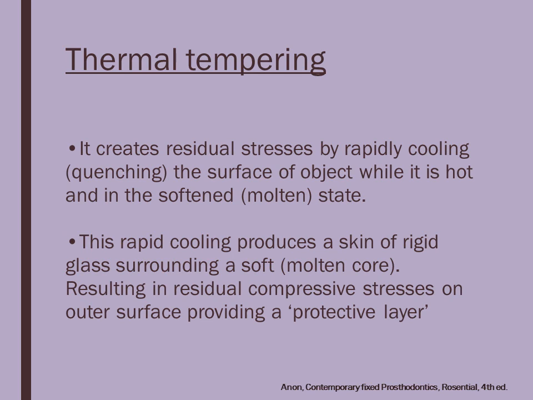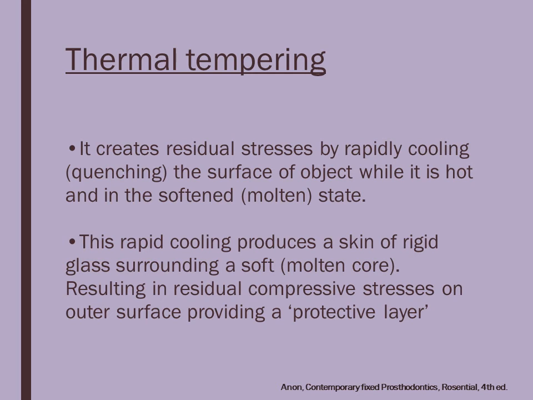Now thermal tempering, as mentioned in the previous slide, this is a type of toughening mechanism. So what we do is that we basically carry out rapid cooling or quenching of the ceramic while it is hot and in the softened molten state. What this does is that it creates residual compressive stresses. The rapid cooling produces a skin of rigid glass surrounding a soft inner molten core, resulting in residual compressive stresses on the outer surface, providing a protective layer.